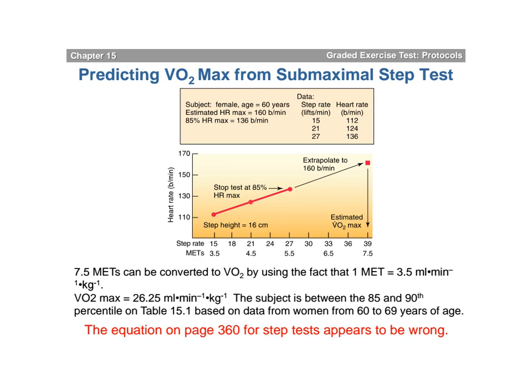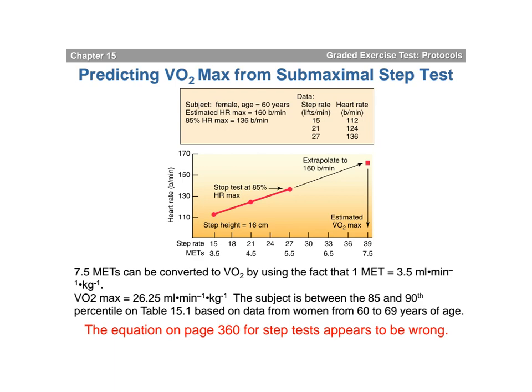And then she goes up to the next step. She's now increasing to 21 steps per minute, same step height, and now her heart rate has increased. Now she goes to the next step, and now her heart rate has actually reached the 136, so we'll stop the test there, okay?